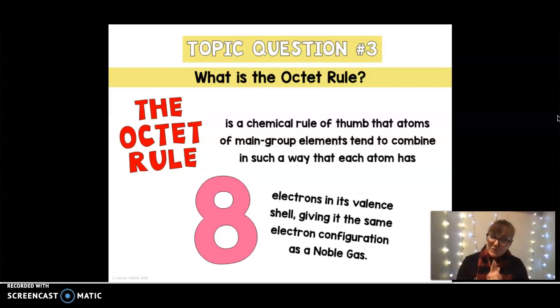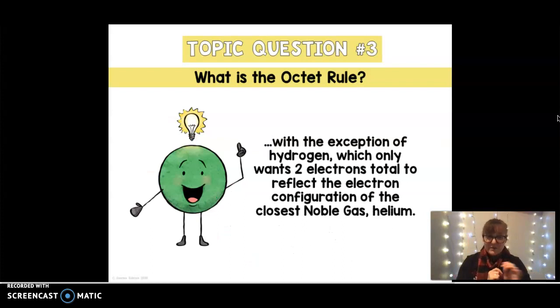Now remember, group 18 is known as full, not 8, because that one at the top is helium. Helium only has 2. So hydrogen only needs 2 to be full because it's in that top row. That top row only needs 2 because it wants to look like helium.